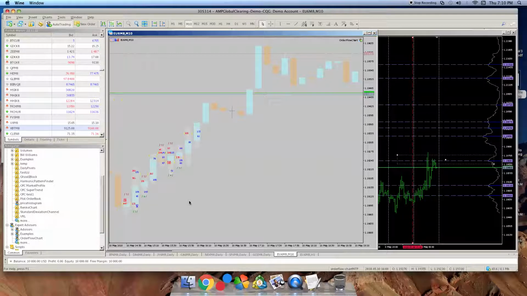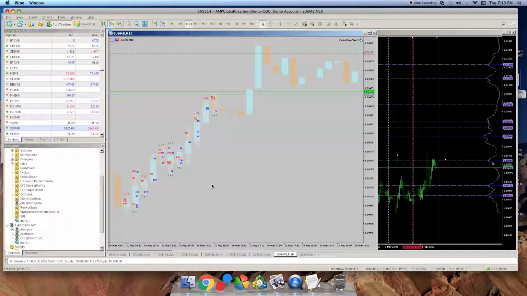Those are the players which will drive the price up or down, the players which will create the imbalance in any financial market.